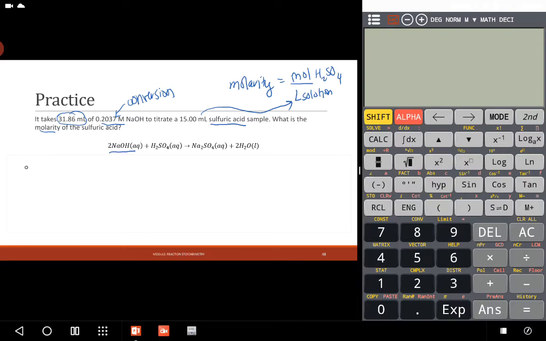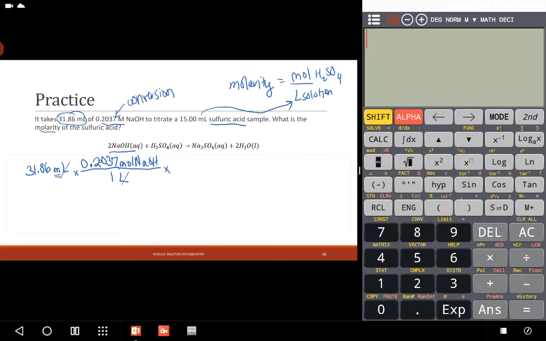That way I can calculate the molarity. So if I take my 31.86 milliliters of sodium hydroxide and I multiply that by the molarity of the sodium hydroxide, I can find my millimoles of sodium hydroxide. I'm intentionally leaving this M here.